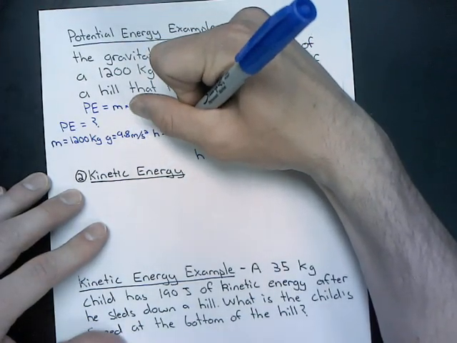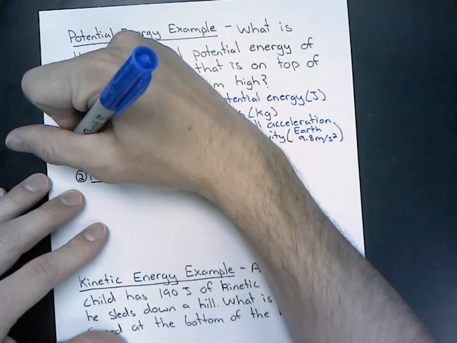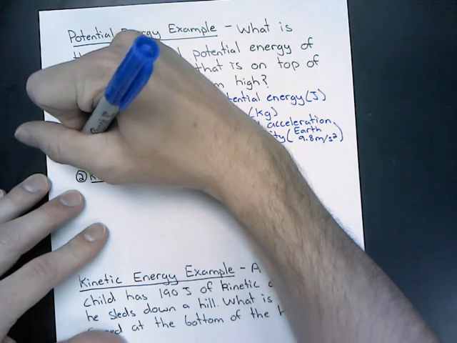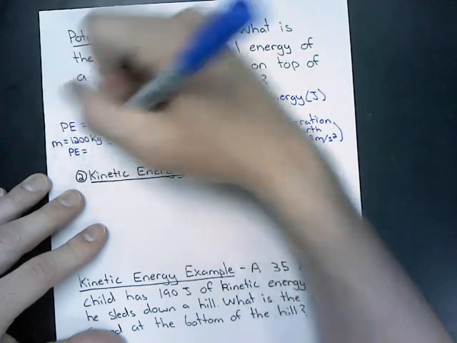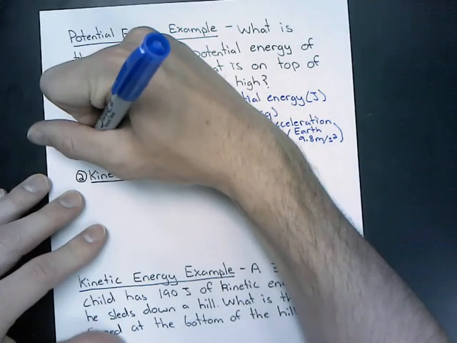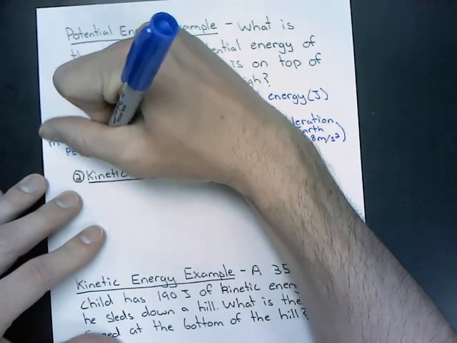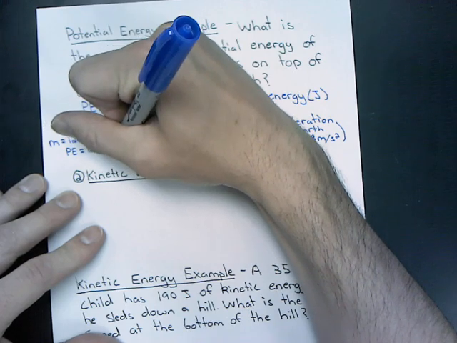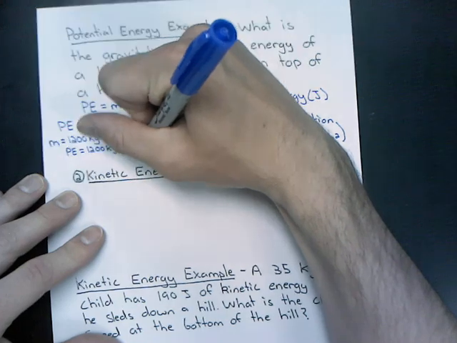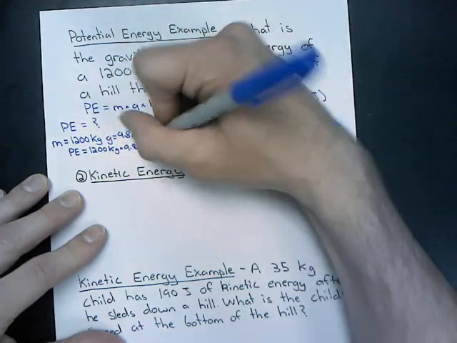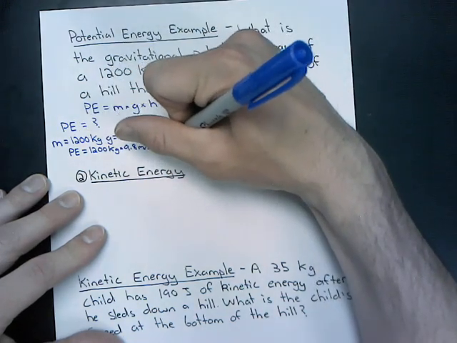42 meters. So for our potential energy, again, we don't know it, so we just write it in as PE, is going to be equal to 1,200 kilograms times 9.8 meters per second squared times 42 meters.